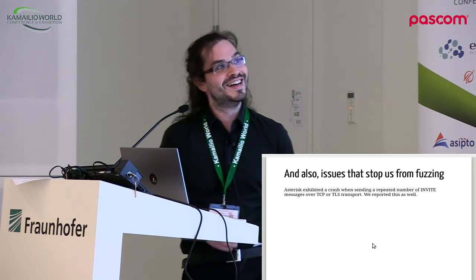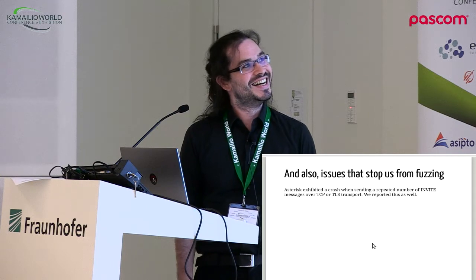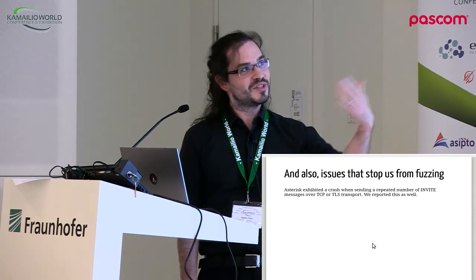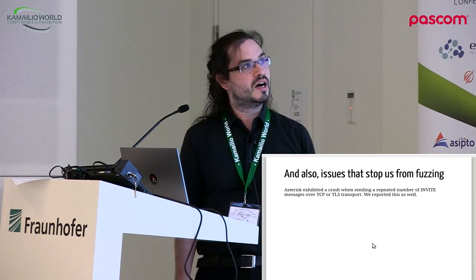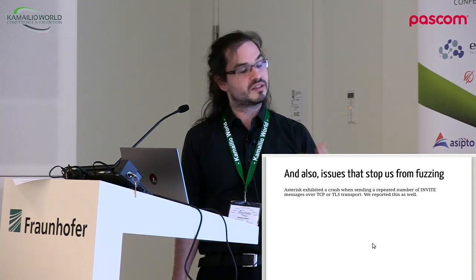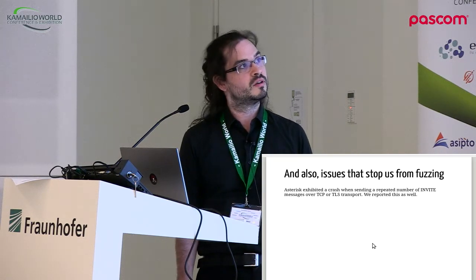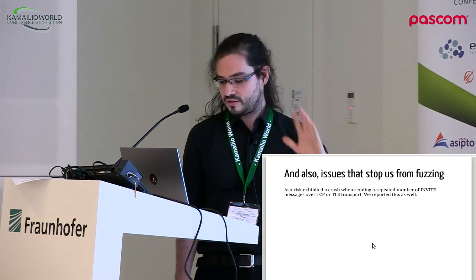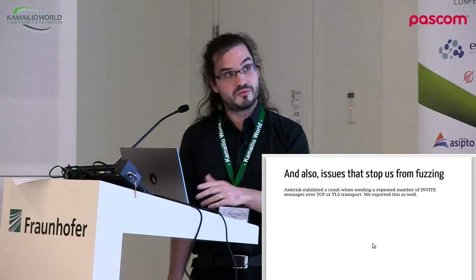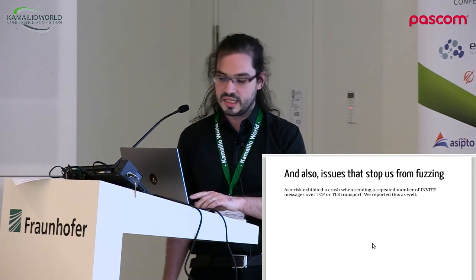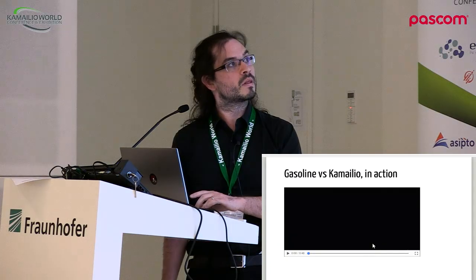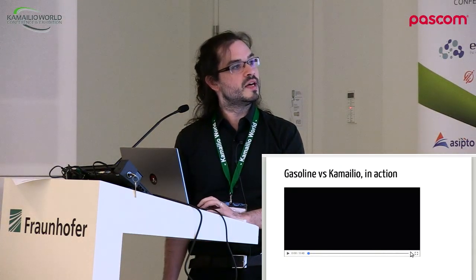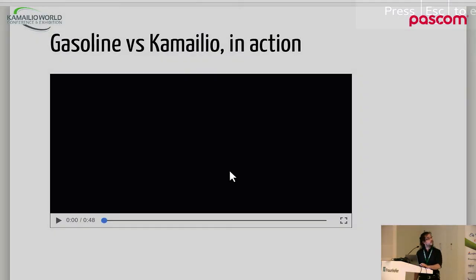There was one issue where, if you send invite messages over SIP or TLS, not UDP, and just close the port without listening, Asterisk dies eventually, very quickly in our lab environment. In live, it's a bit more difficult to reproduce, but it does work. So yeah, this approach was pretty useful, I think.